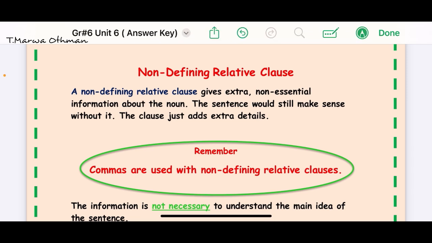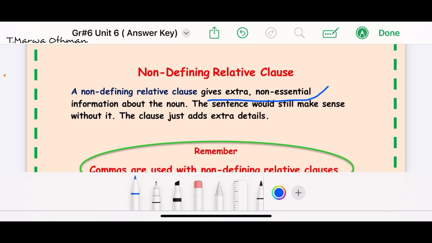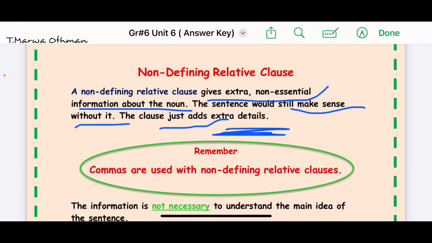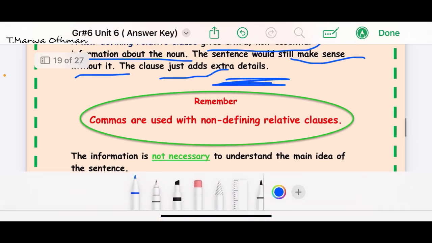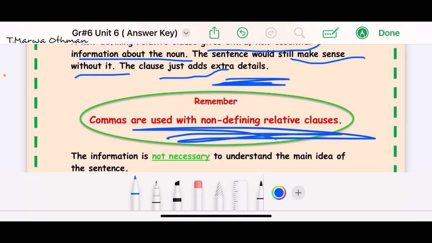So look at here, it gives extra, non-essential information about the noun. The sentence still makes sense without it. Okay, the clause just adds extra details. Let's see. Remember here also, we have to use commas. If I see the commas here, I have to know that we are talking about non-defining clauses.